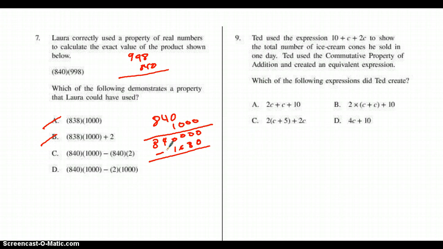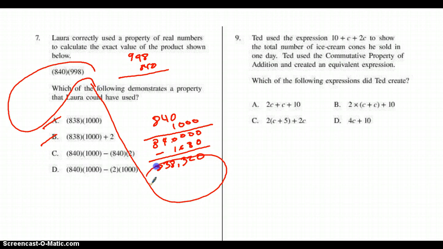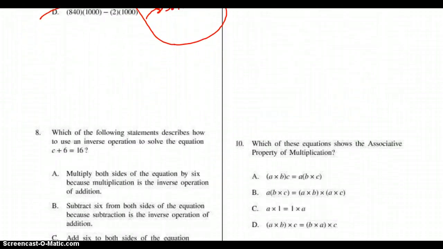And if we go through this subtraction, it's going to give us 838,000 and 838,320, which is what we got from our answer here. So these two match. So that's the way that we could have done it, and let's just call it number sense.